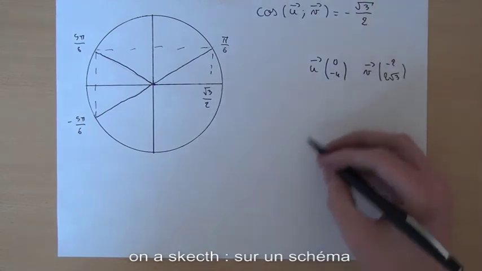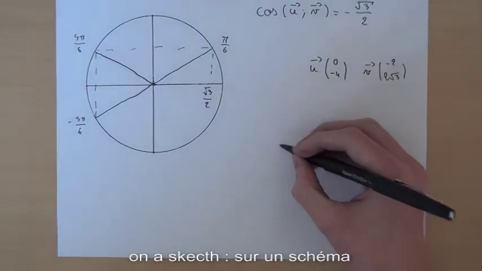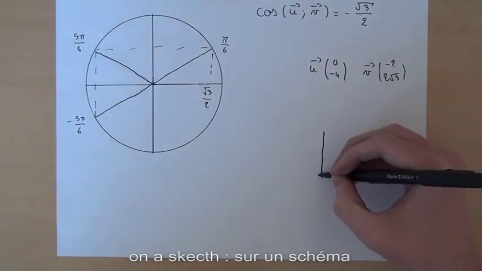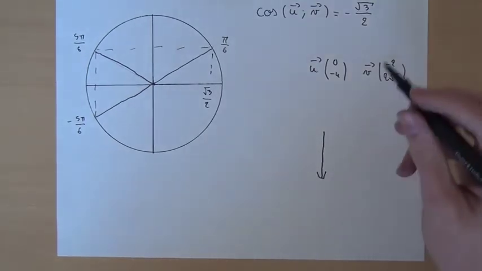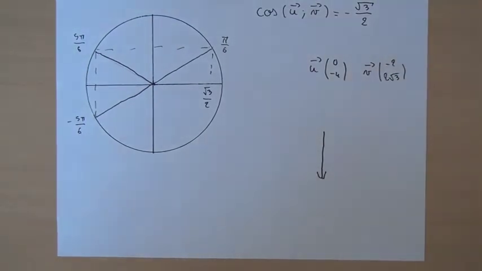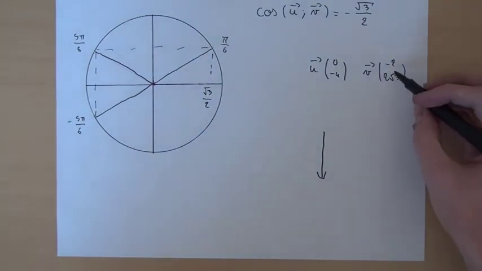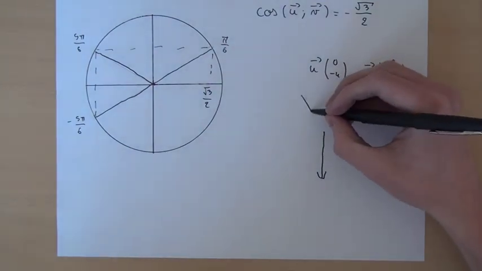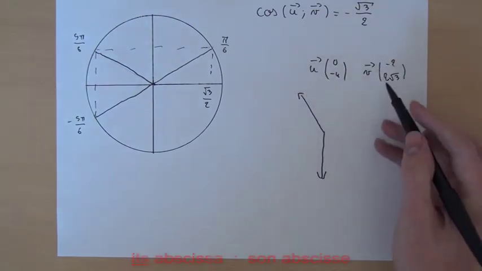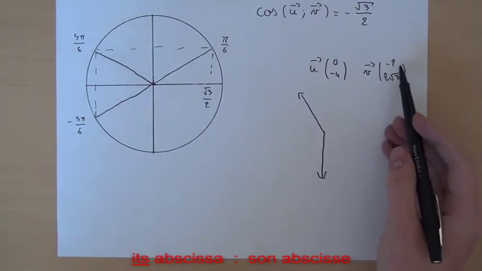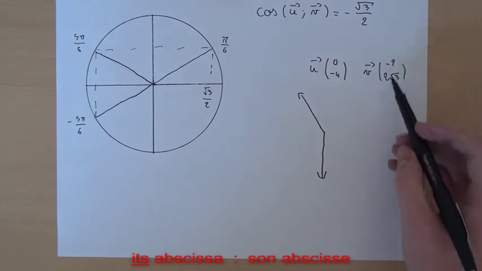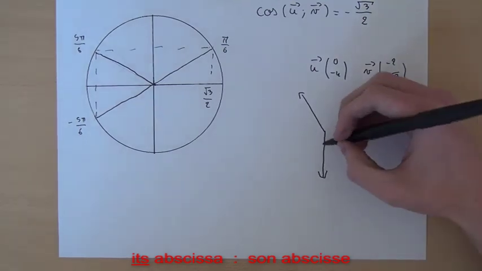So u (0, -4) will be something like this to the bottom, and v will be something like this, because its abscissa is negative and its ordinate is positive.